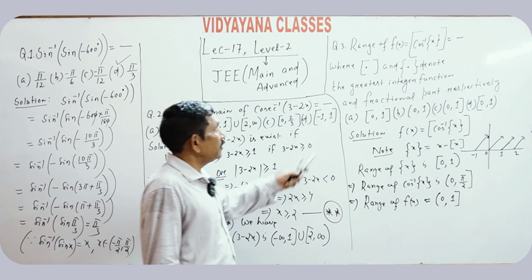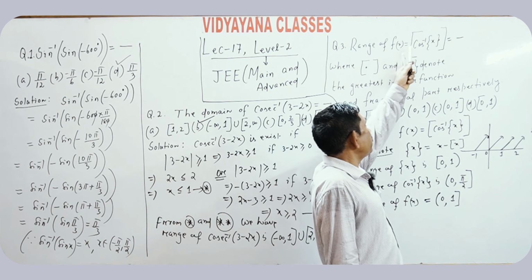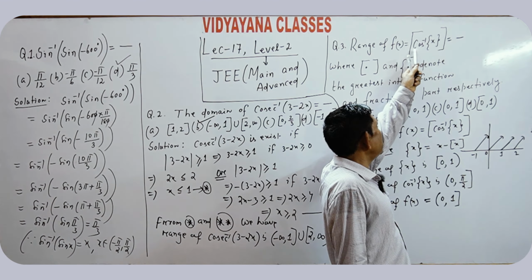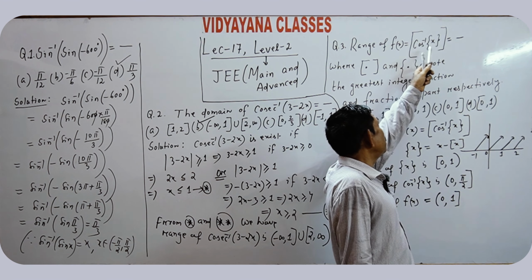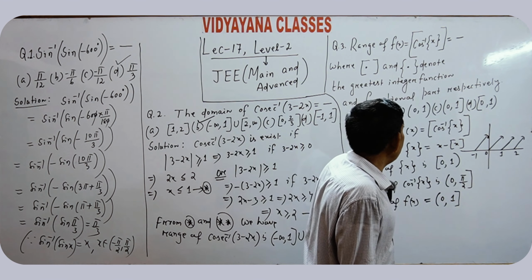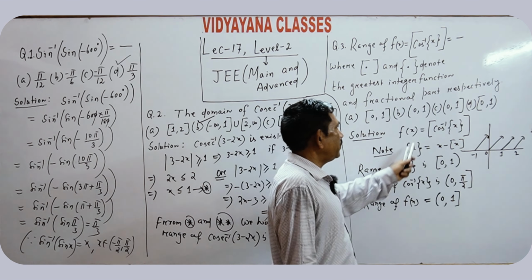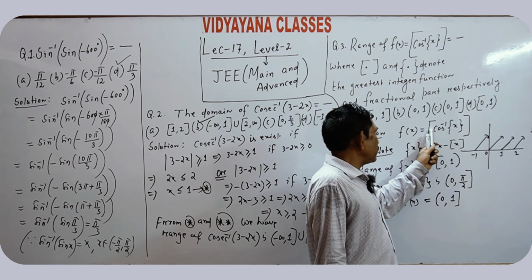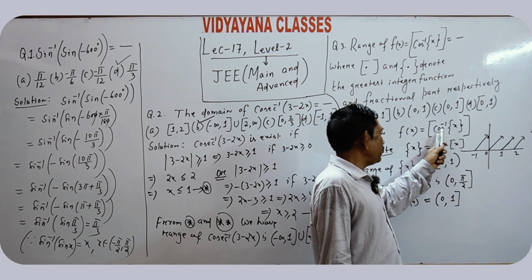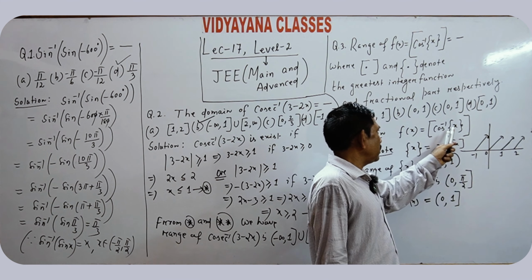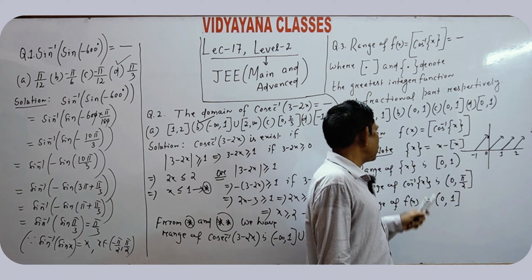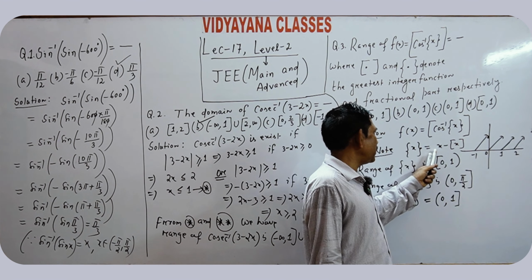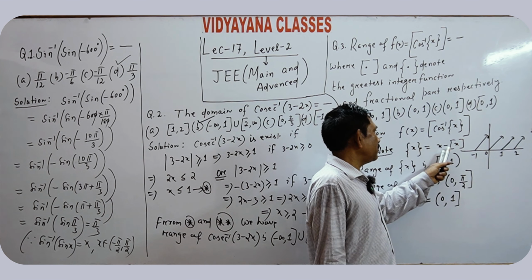Once again, the range of f(x), the bracket or greatest integer function of cos inverse of the fractional part of x. f(x) is equal to the bracket of cos inverse of the fractional part of x. The fractional part of x is represented as x minus bracket of x.